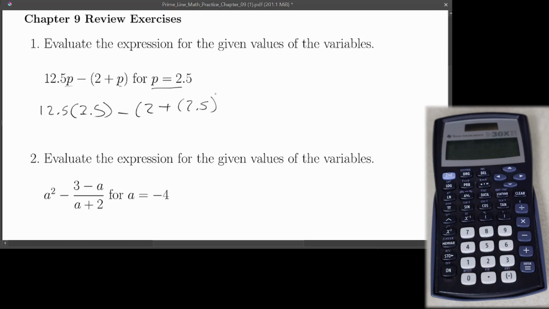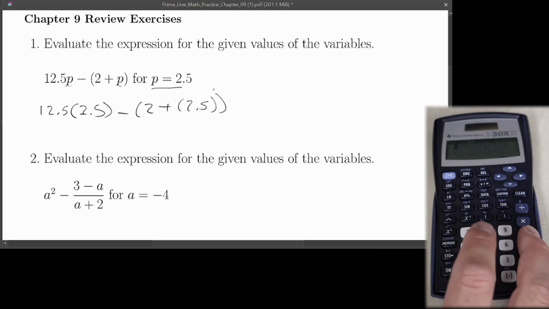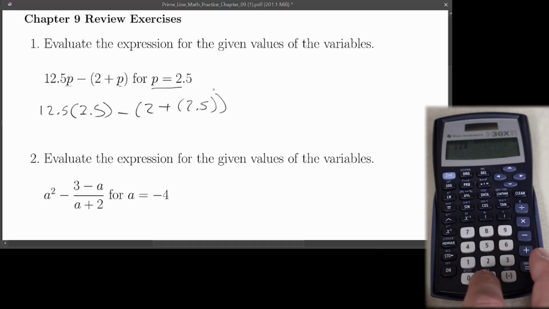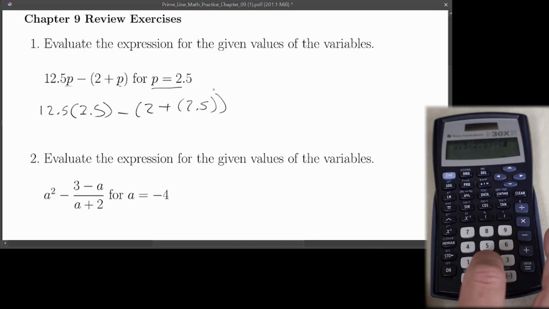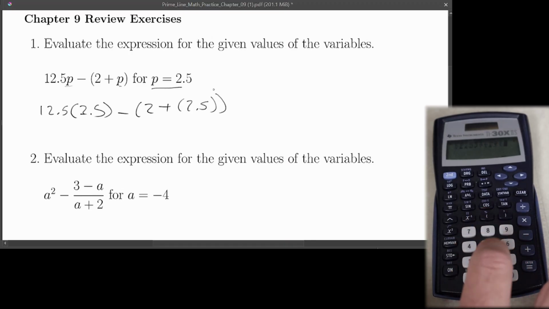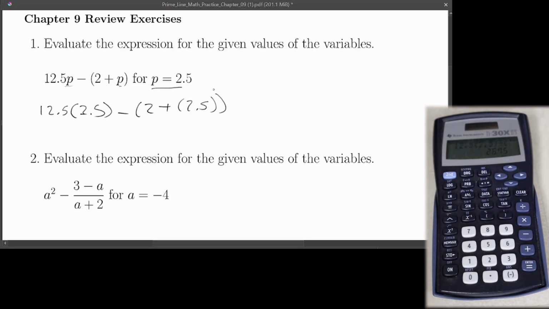And I include the parentheses so that I don't lose a negative sign along the way. On our calculator, we can evaluate this. So 12.5 parenthesis 2.5 minus parenthesis 2 plus parenthesis 2.5, close, close, and we get our final value of 26.75.